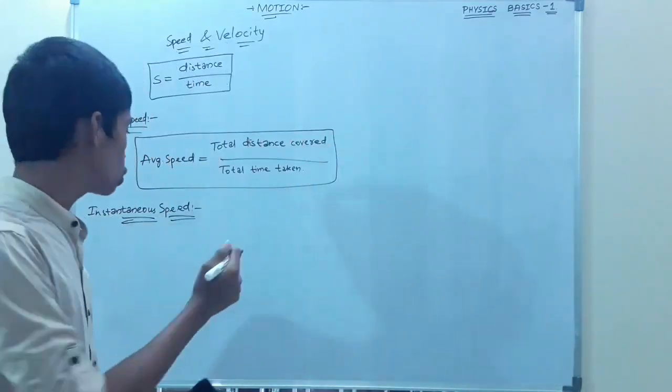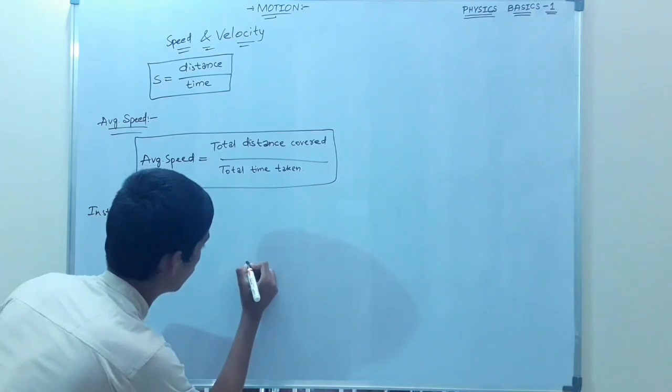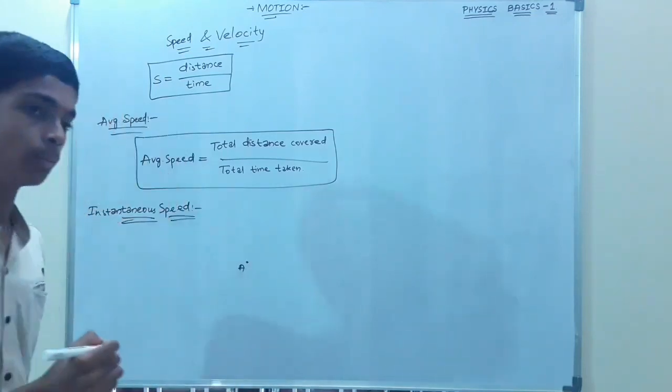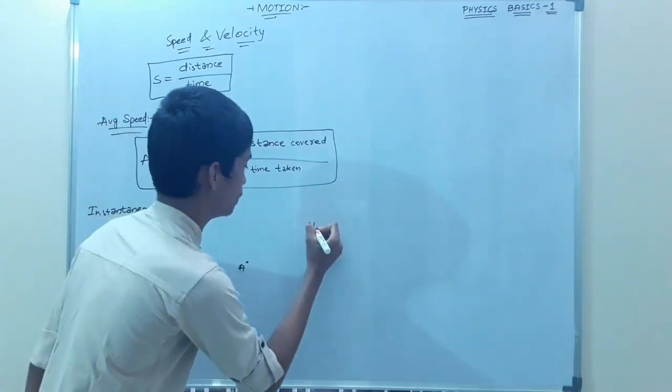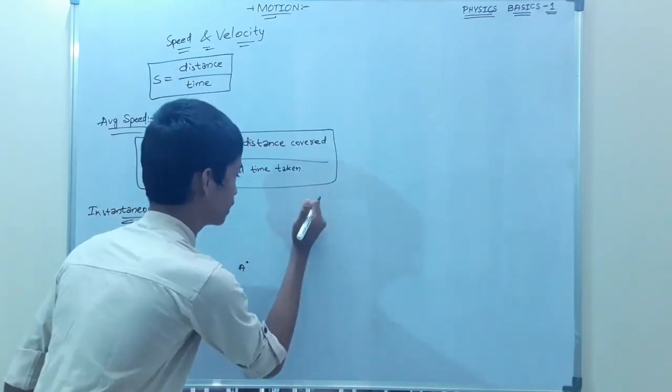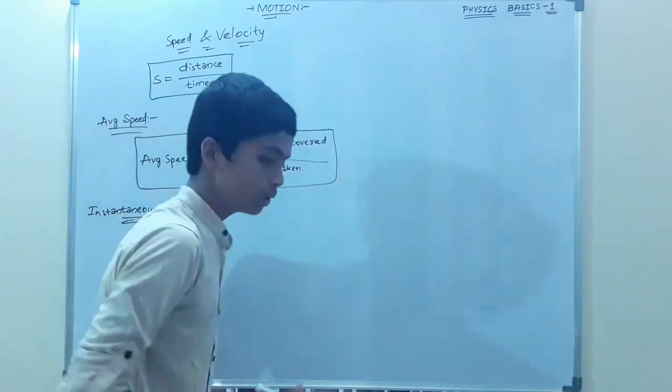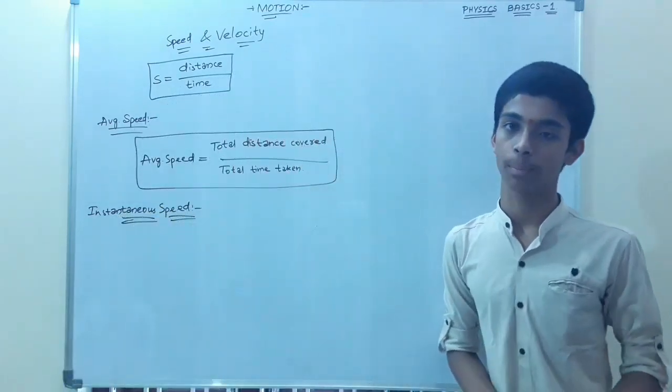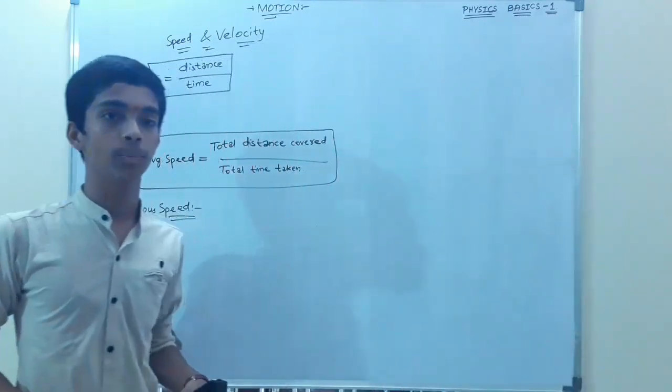Let's take an example to understand this. Here is point A, here is point B, but let us not take this example. We'll go for a real life example.